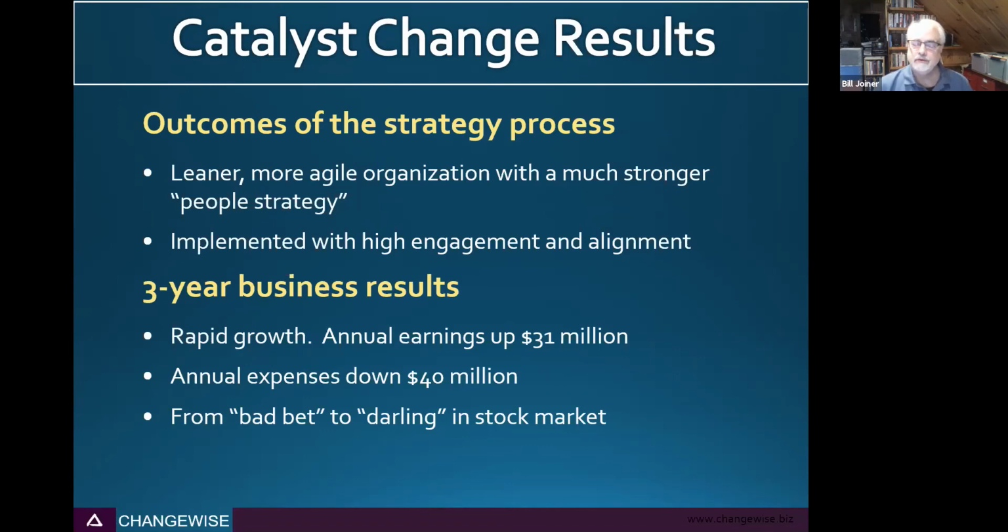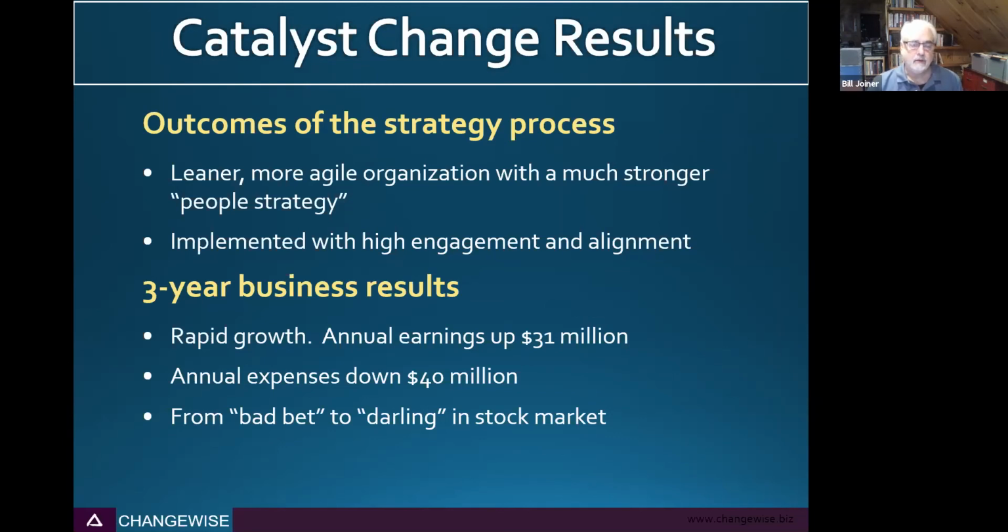And the way it was implemented was rather remarkable, and the kind of thing that we see catalyst leaders do, which was there was just a lot of communication. They would have meetings between one level of the organization and the next, where they would be both holding people accountable for making the changes that were needed, but also getting feedback and upward feedback from those levels up into the organization. So there was a remarkable degree of alignment.